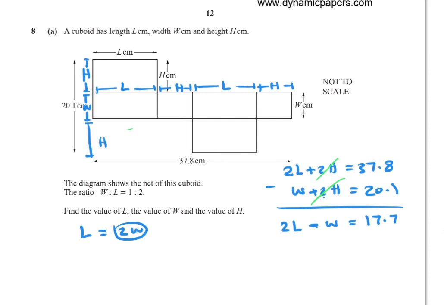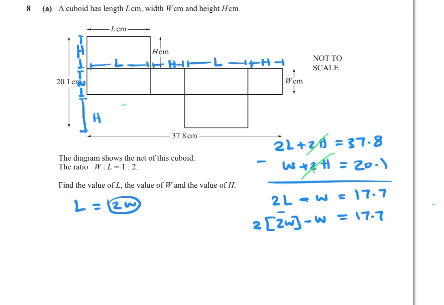So now 2L means 2 times 2W minus W equals 17.7. So 2 times 2 is 4, 4 minus 1 equals 3, so 3W equals 17.7, divide by 3, so W is 5.9.